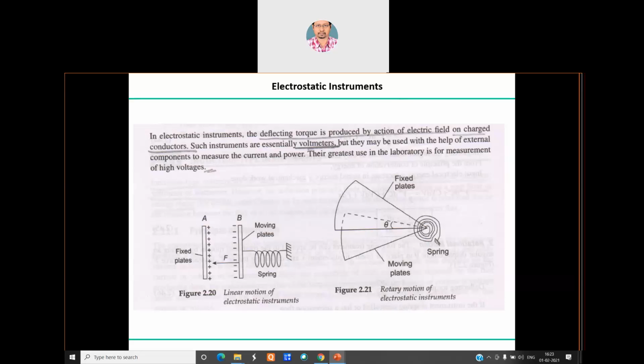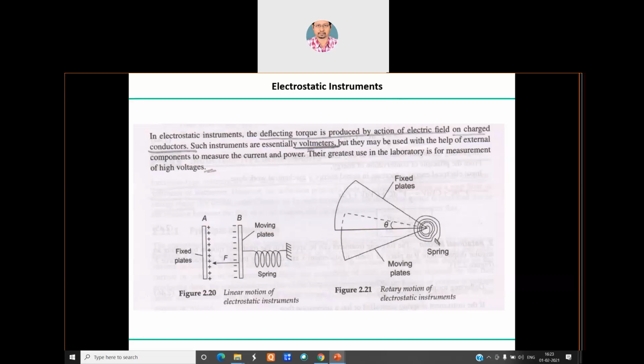For example, in these two figures, you can see two conductor plates kept linearly apart at a certain distance d. When these two plates are charged, say plate A is a fixed plate and plate B is attached with a spring. I am considering the AC supply.